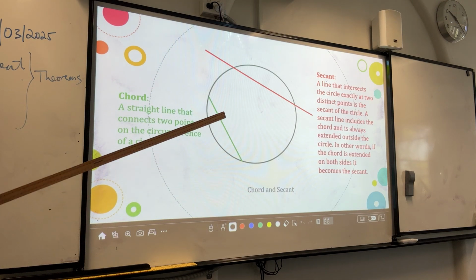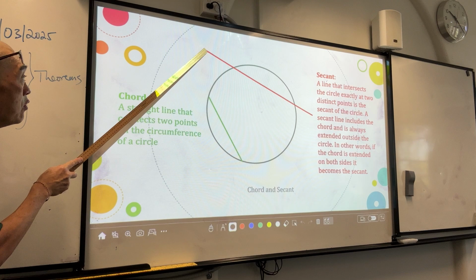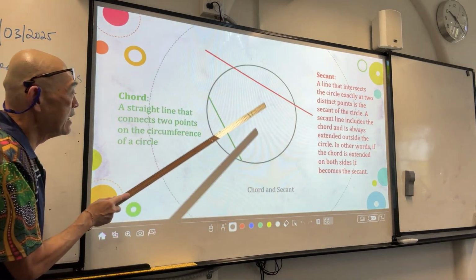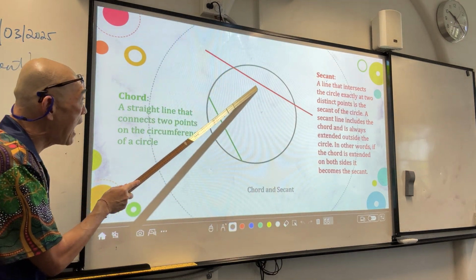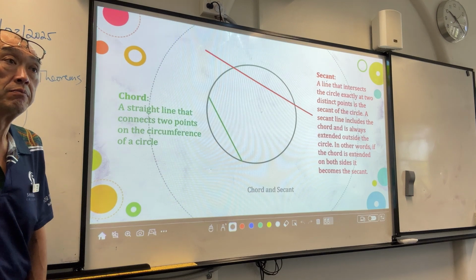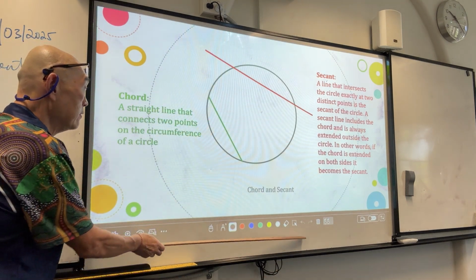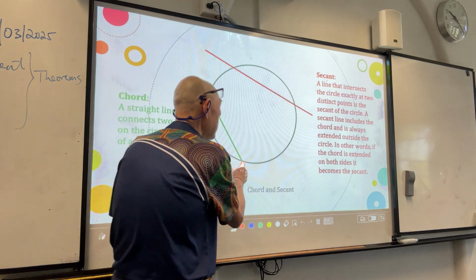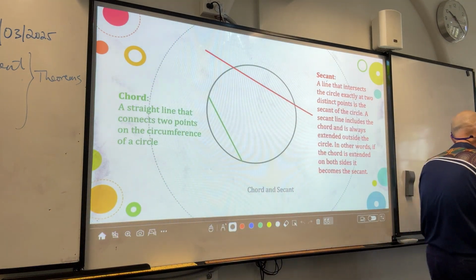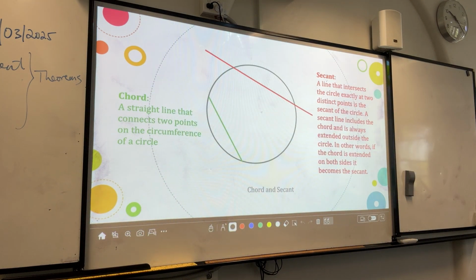When you solve problems with a secant, sometimes you might need to use the idea of the chord, because a secant is just an extension of the chord. I have seen people not know what to do because they couldn't put together the idea that a chord is part of a secant. So you need to realize that. Therefore, this slide. Okay?